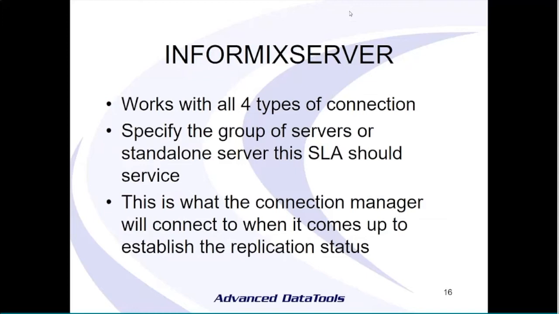This is the server or servers it'll initially connect to. You can set a group to this if you want it to reach out to multiple. So this is the first thing that comes up. It needs to be able to connect to these servers, or at least one of them in the group, to be able to query and start up that listener. If it can't connect, you will get an error on the Connection Manager instance.